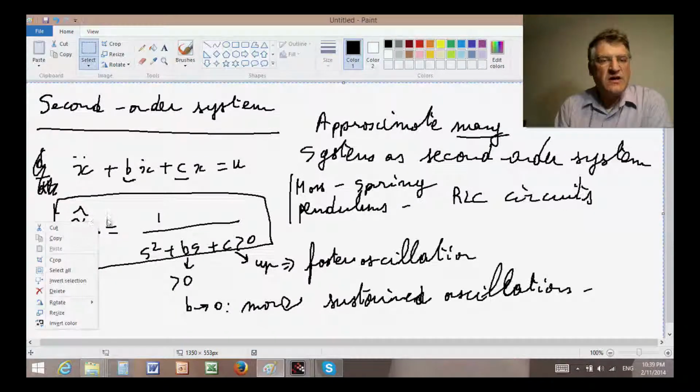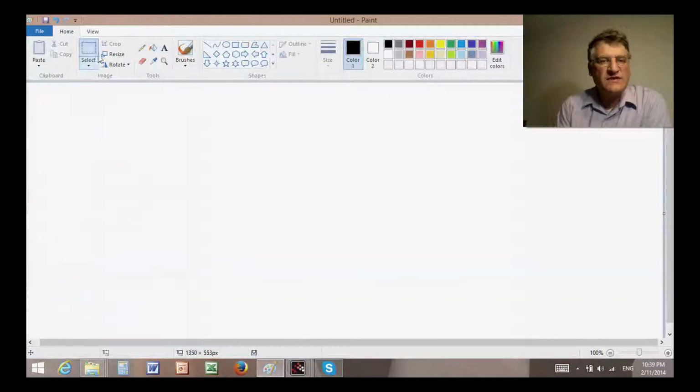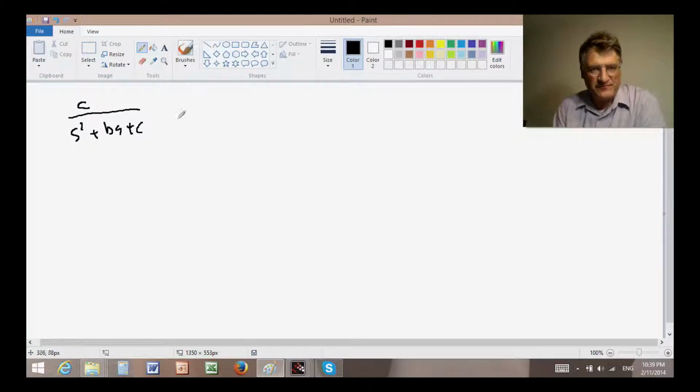We're going to look at this transfer function. As you noticed, there is a lot of value in scaling the system in such a way that the transfer function looks like C over S squared plus BS plus C, so that the step response always goes to 1.